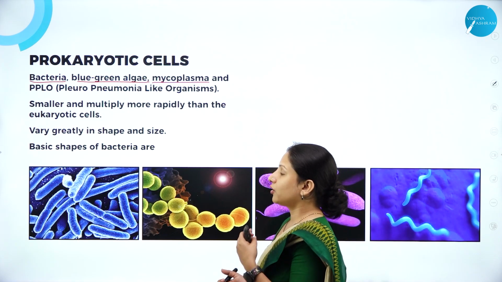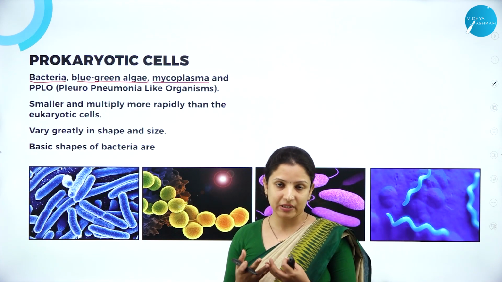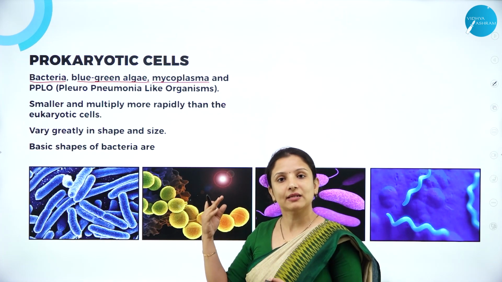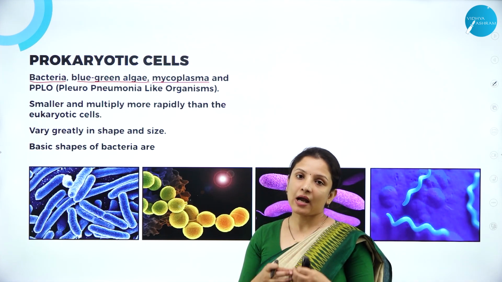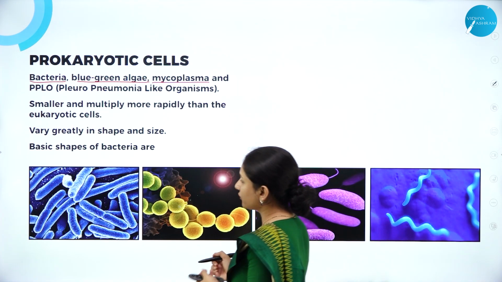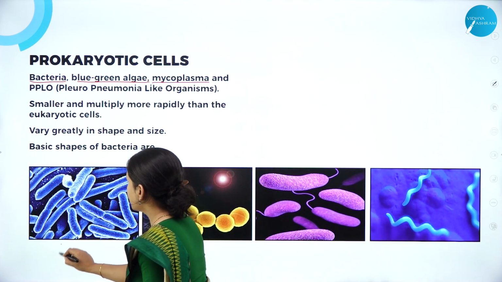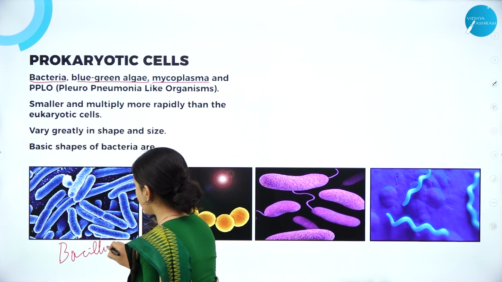And talking about their shape and size, they tend to vary greatly in shape and size. For example, we can take bacteria, which themselves have different shapes and sizes. Talking about the shapes, we can see the bacillus. Bacillus are those bacteria which are rod shaped.